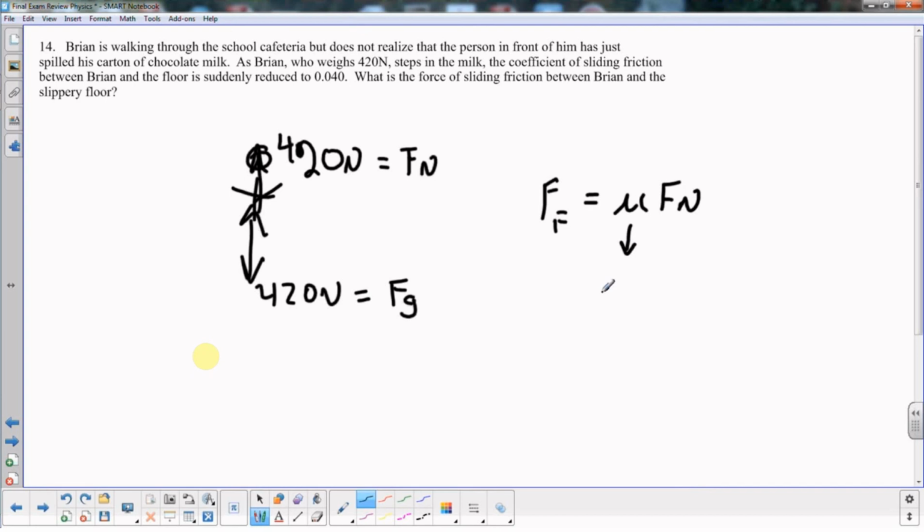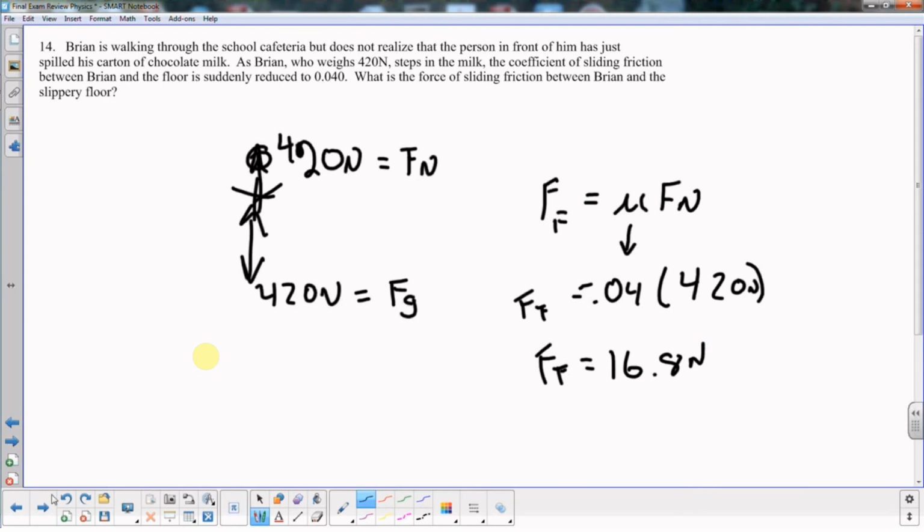And the normal force we figured out because we know its weight force is 420. 0.04 times 420 should be 16.8 newtons. That's all the force that this poor kid has holding him on the floor, preventing him from slipping. 16.8 newtons. Okay.